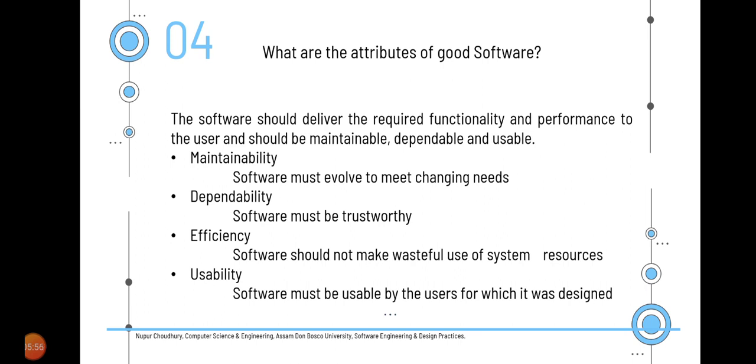The software must be usable by the users for which it is designed. Simply building a software which is so complex that the user might not find it easy to use will not be termed as a good software. Instead, it will be a problem for the user after it is developed.